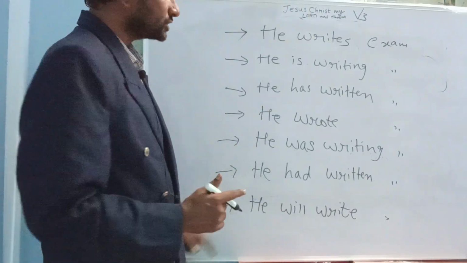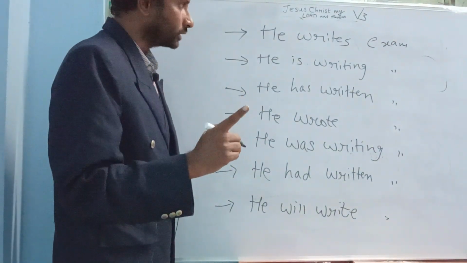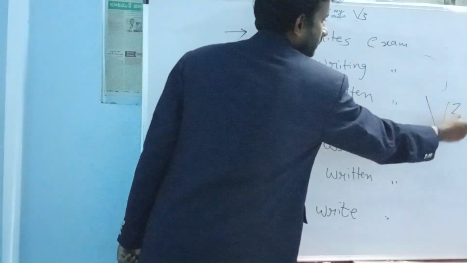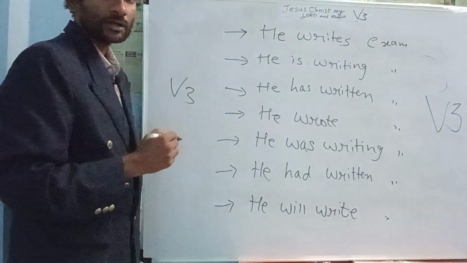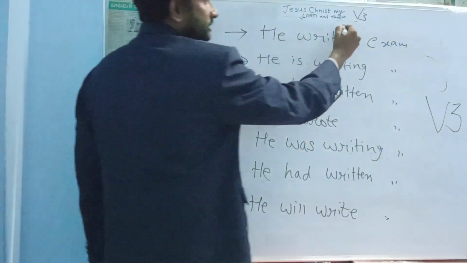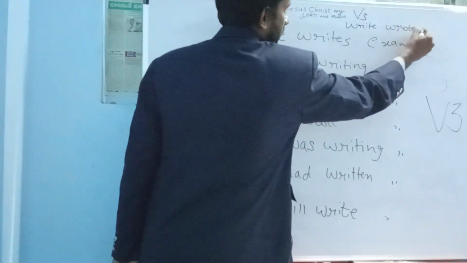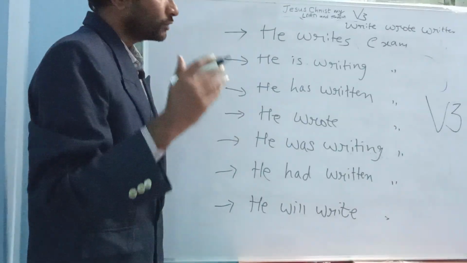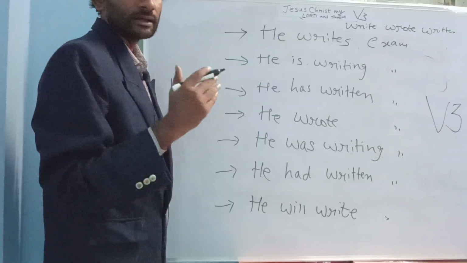Now when you change these tense forms into passive voice, the number one rule is you have to use V3. What are the V1, V2, V3 of write? Write is V1, wrote is V2, written is V3. So in passive voice, we have to use V3 forms, that is, the past participle, written.